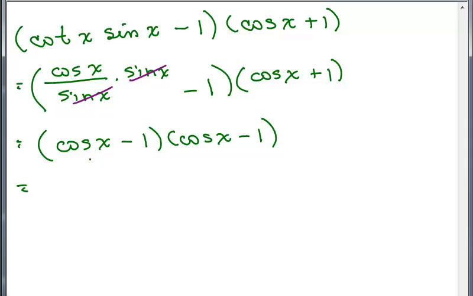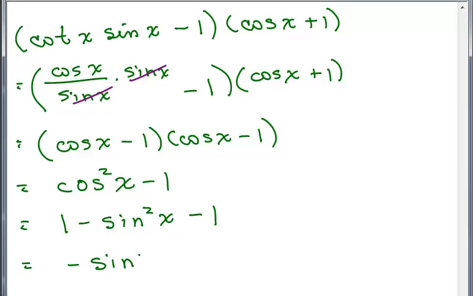This is real similar to the one we just did. This is cosine squared x minus 1, because it's a difference of two squares when you do the FOIL method. Cosine squared x minus 1. Well, we just went over that in the last problem, that cosine squared x could be written as 1 minus sine squared x, right?